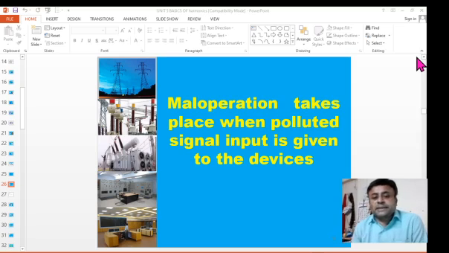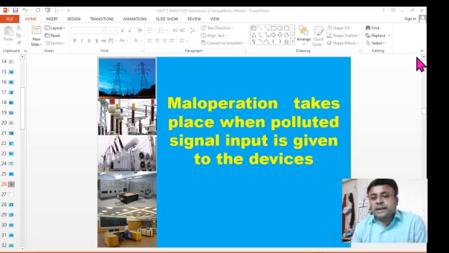Now we have seen that harmonics are generated by electronics, and electronic devices and circuits are nothing but nonlinear loads. So because of nonlinear loads, a number of harmonics are generated and they cause different detrimental effects. We have seen how equipment is affected by harmonic distortion.